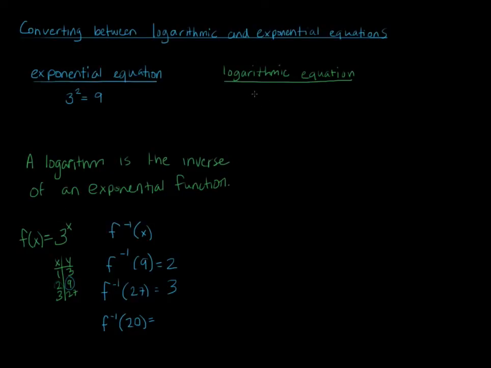We take the logarithm, which we usually write as log. The logarithm is going to have a base, but I'm going to leave that empty for now. Then we take in the output, the 9, so log of 9, and we put out the input, which is the x, or the exponent. So log base something of 9 equals 2.